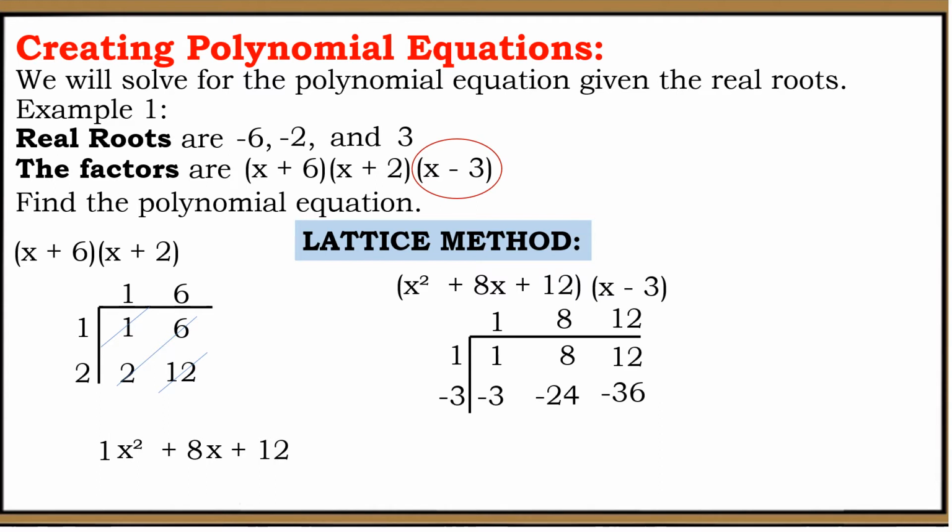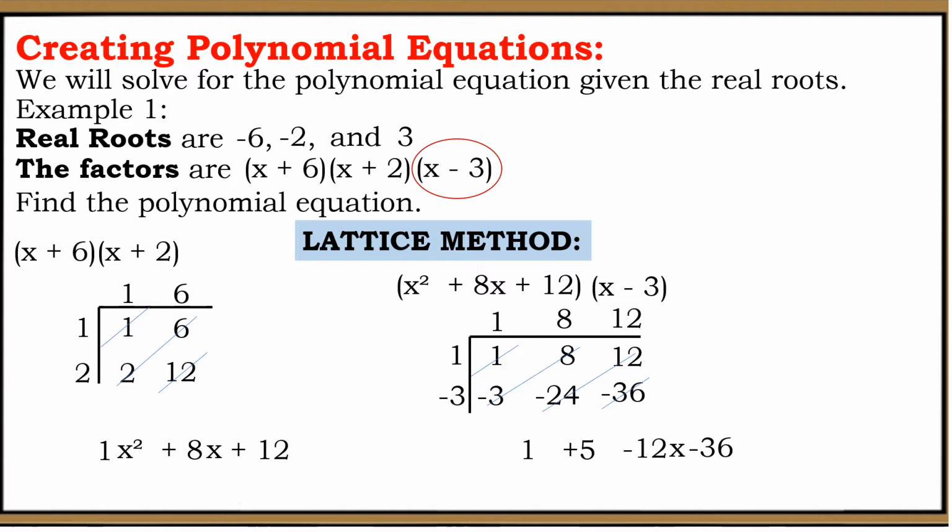Then let us add diagonally. Una yung 1. So, isulat ang 1. Then, let us combine 8 and negative 3. We have positive 5. Combine 12 and negative 24. We got negative 12. Then, we have negative 36. So, negative 36 is the constant term.